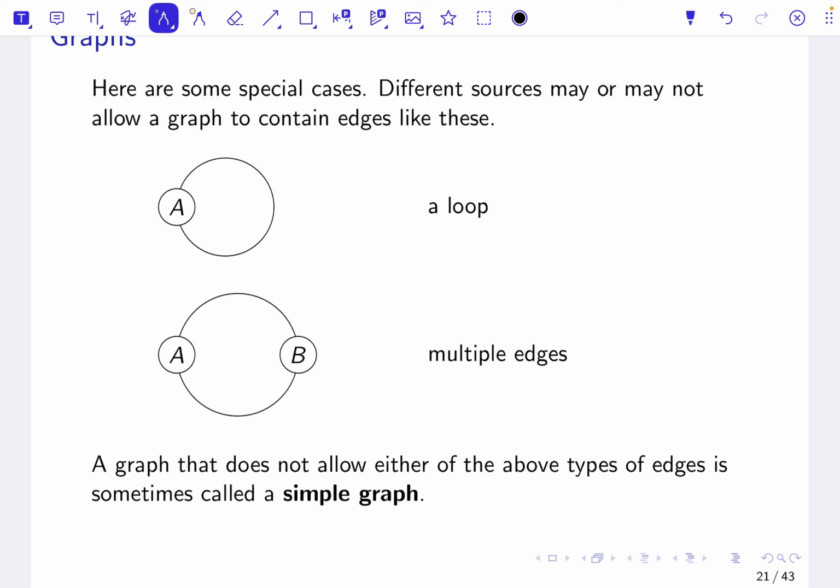And I have no idea how you'd represent those using sets. You would need to use some different object that has some different metadata that allows you to tell apart two instances of an edge connecting A and B.